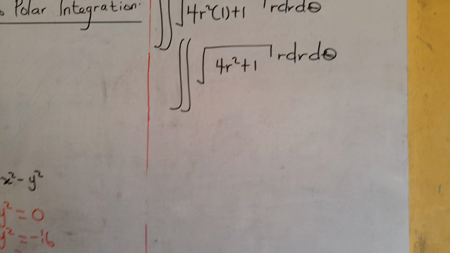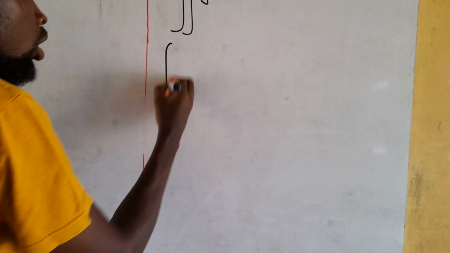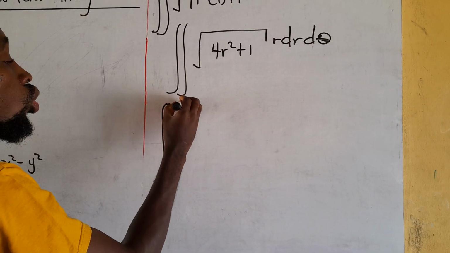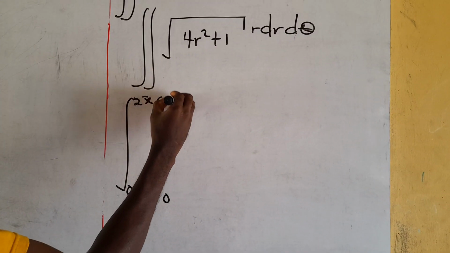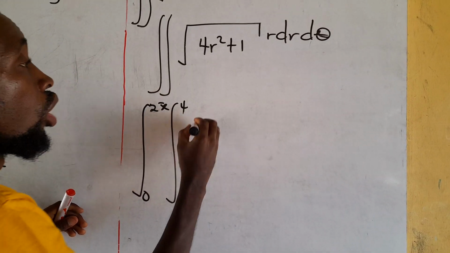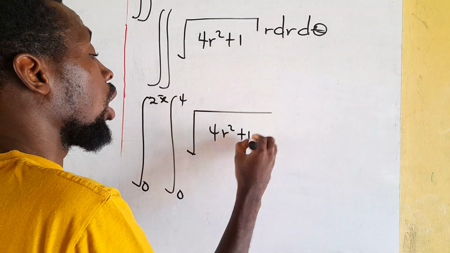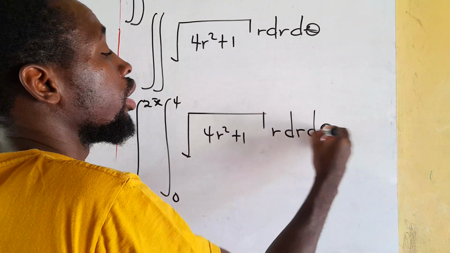Then the theta comes second. Then that one will take this. So we have the integral spanning from 0 to 2 pi, and the integral spanning from 0 to 4, the square root of 4r squared plus 1 r dr d theta.